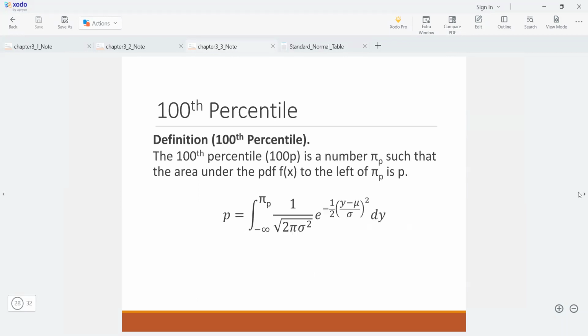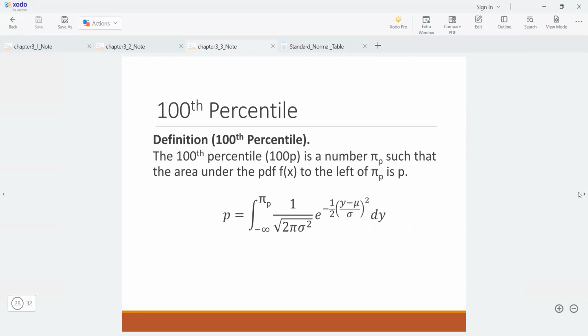The last topic I want to talk about here, and also an important topic for the normal distribution or standard normal distribution, is the 100p-th percentile. The 100p-th percentile is a number which we try to find, such that the probability of the random variable being smaller or equal to this number is equal to what we want.